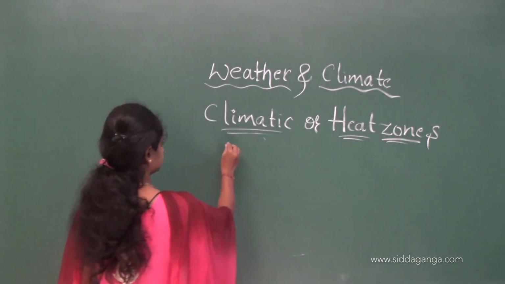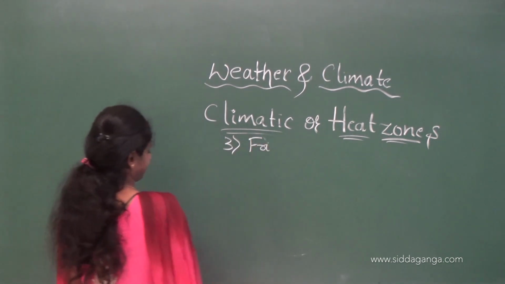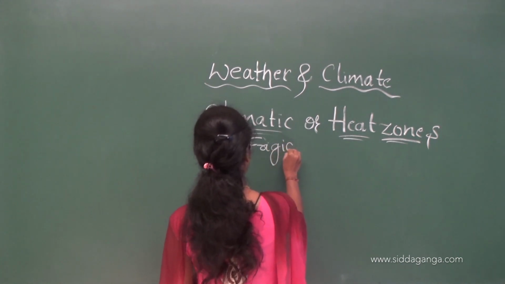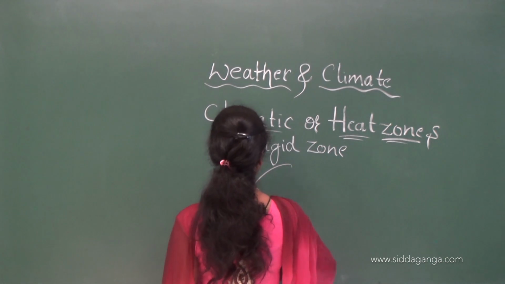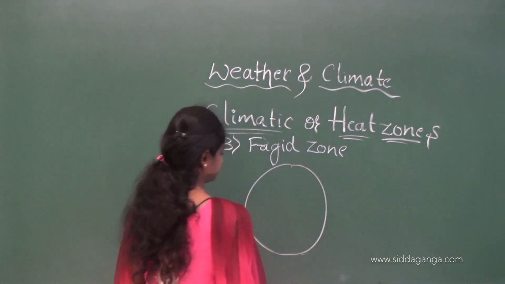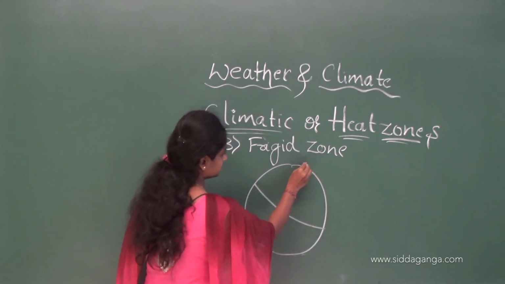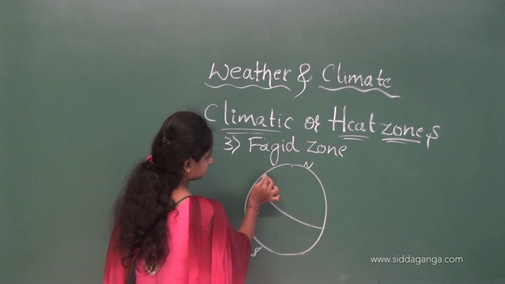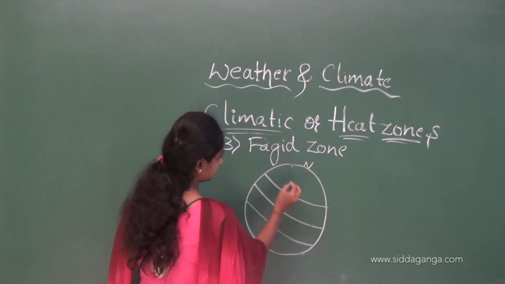Third one is the frigid zone. This is the earth and this is the equator, this is the North Pole and this is the South Pole. This is the Tropic of Cancer, this is the Tropic of Capricorn.